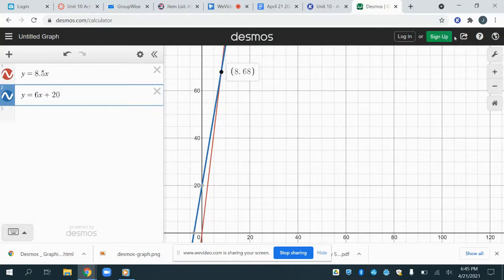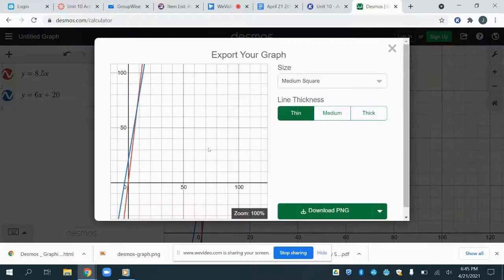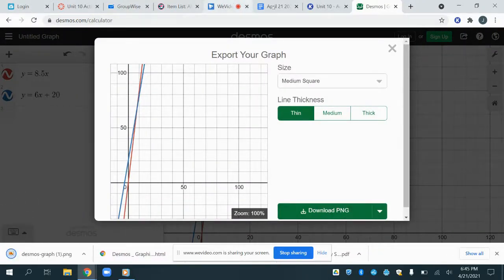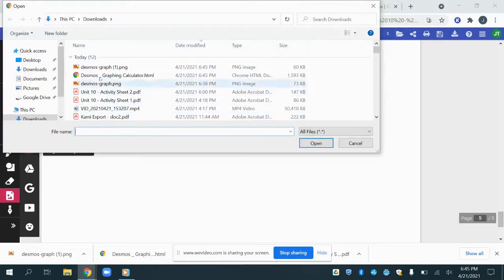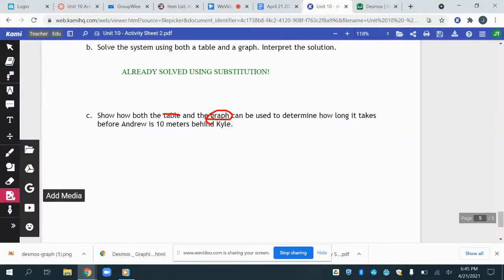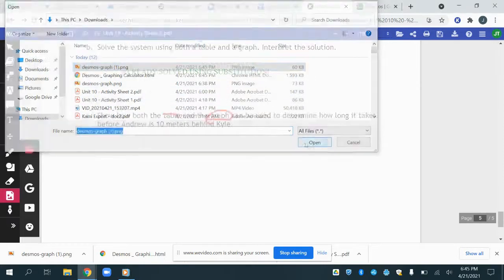Export image, download PNG. We'll see what ends up happening. I'm going to upload it, so I'm going to say insert photo from the computer. Let's see if that worked. Okay, I don't think so. I'll figure out how to do that another time. I'll just use this one.